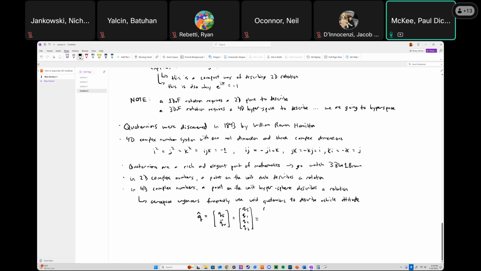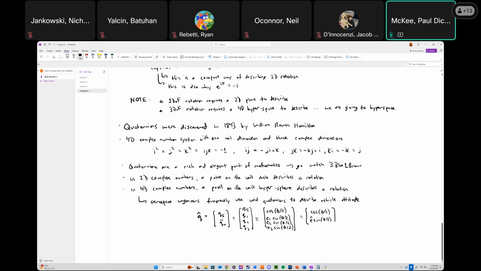But this is just cosine of theta over 2, e1 sine of theta over 2, e2 sine of theta over 2, e3 sine of theta over 2, or cosine theta over 2, e sine theta over 2, if you wanted to write it a little bit more compactly.